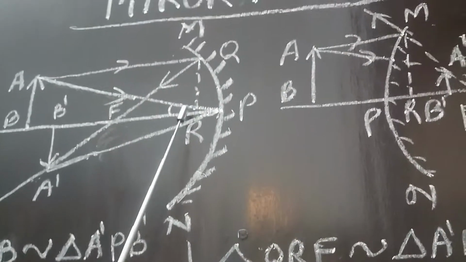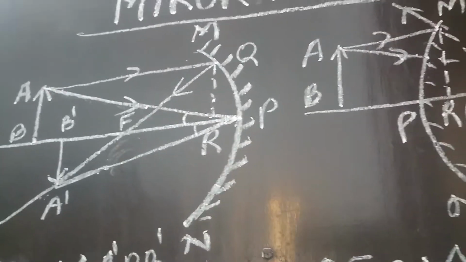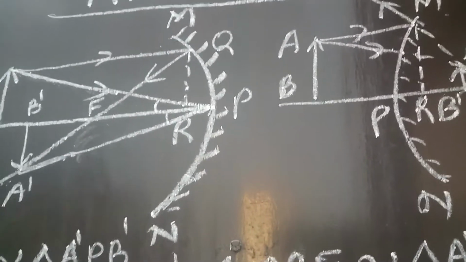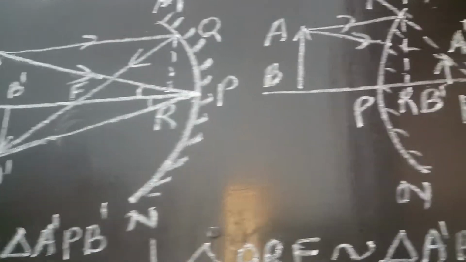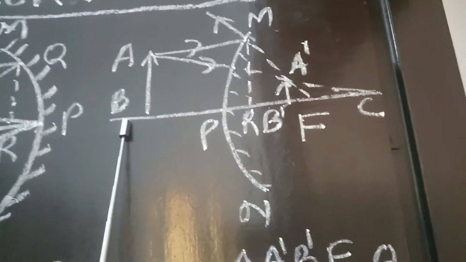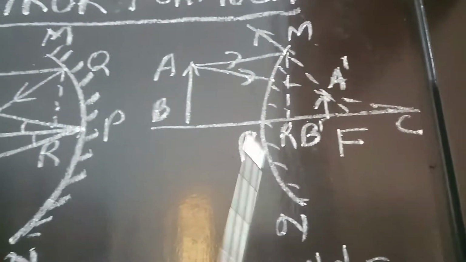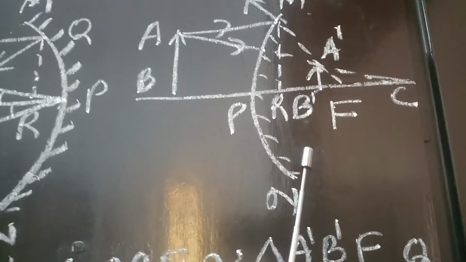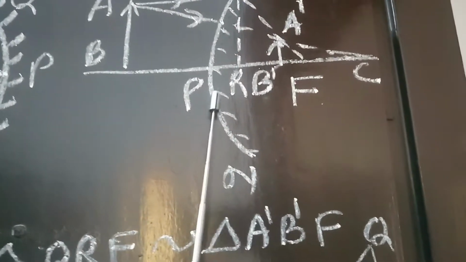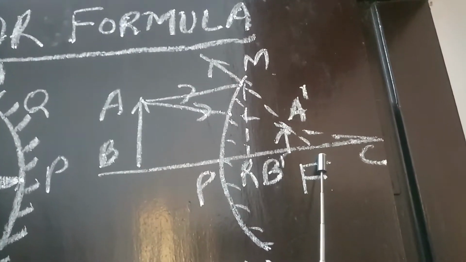From Q we draw a perpendicular, so QR is perpendicular here. Same here. Observe, this is a convex mirror. AB is the object, placed in front of the convex mirror at any point. You always get the image between F and P. This ray is parallel, it diverges, it appears to come from the focus.